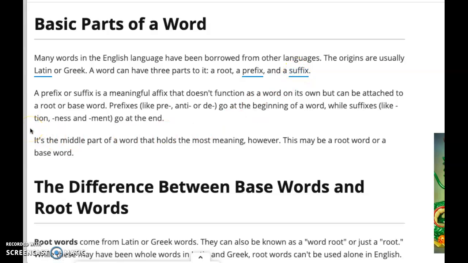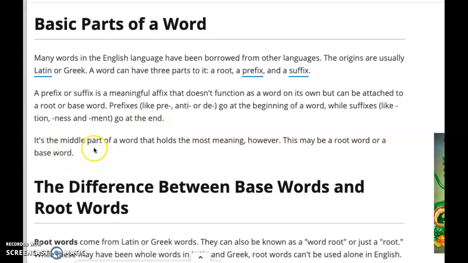A prefix or suffix is a meaningful affix that doesn't function as a word on its own, but can be attached to a root or a base word. Prefixes like pre, anti, or de go at the beginning of a word, while suffixes like shun, ness, and ment go at the end.